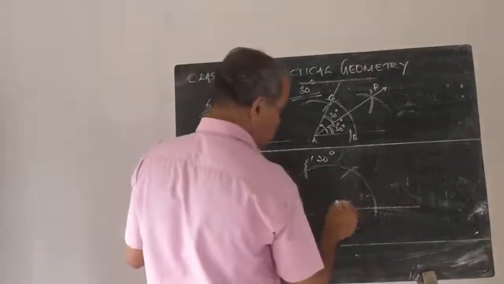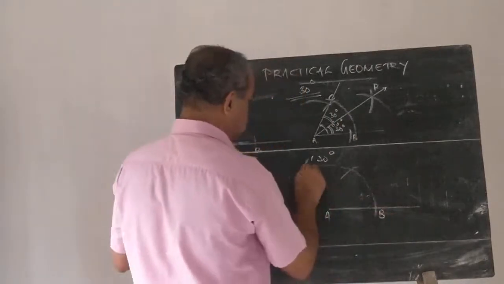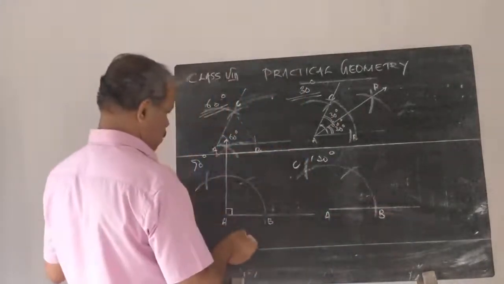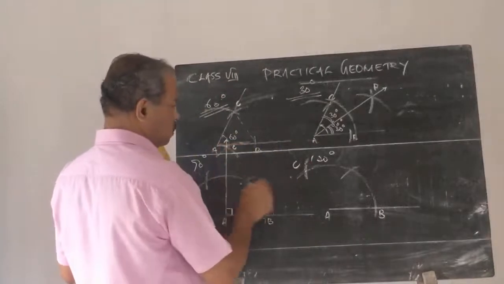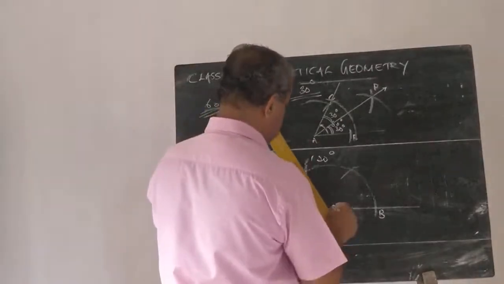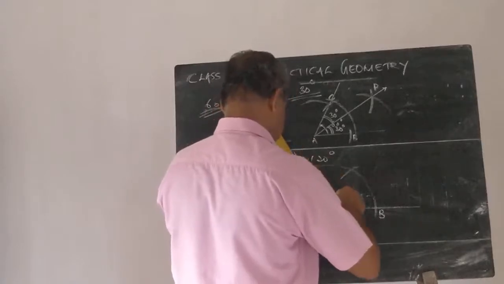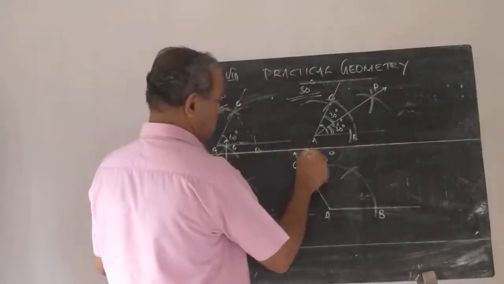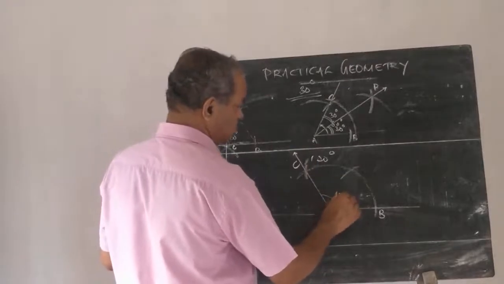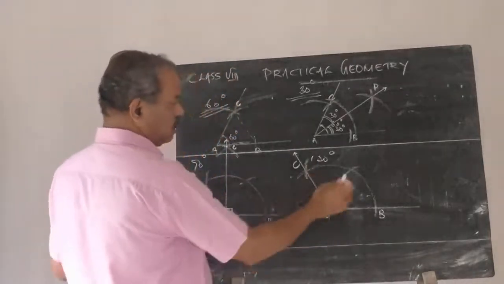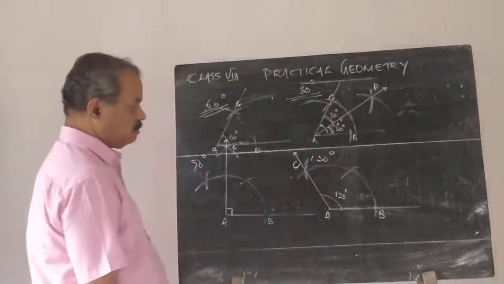This is A, B. This is the point C. Then AC. This is 120 degrees. 60, 60, 120.